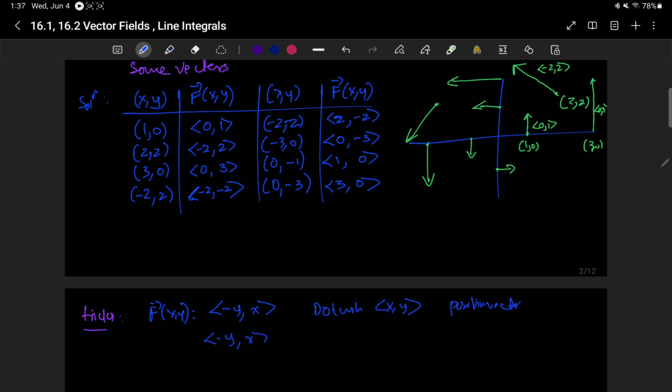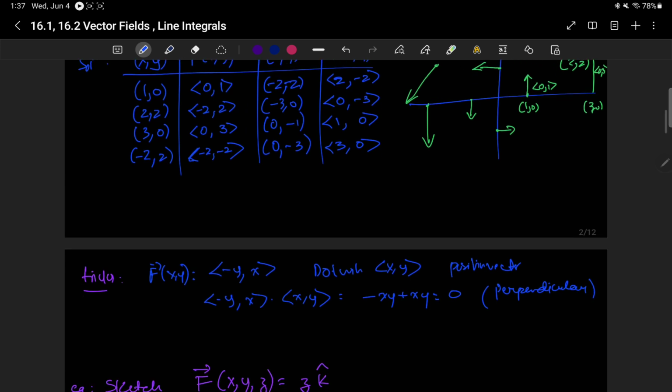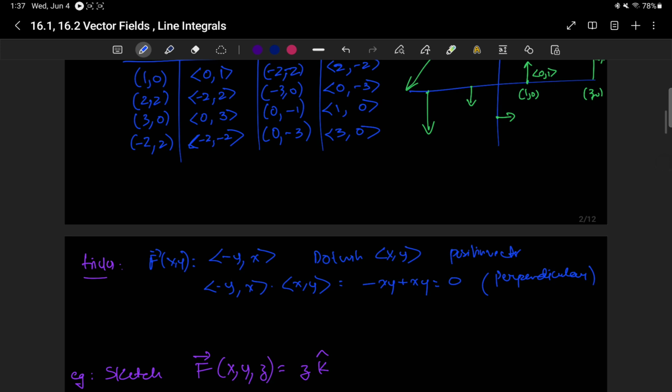The dot product becomes negative xy plus xy equals 0, which means they are perpendicular. Remember from Calc 3 that when a dot product is 0, it means the vectors are perpendicular, right?